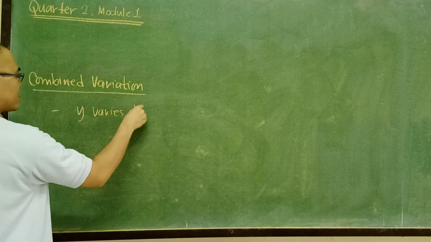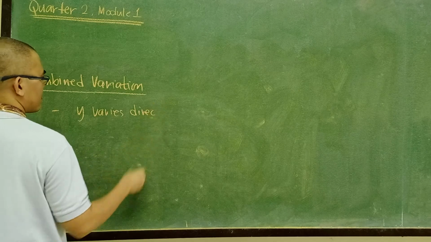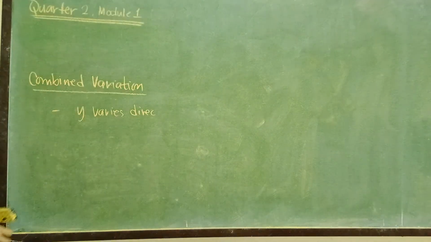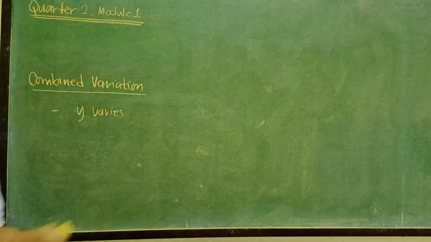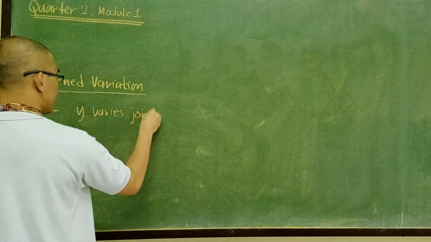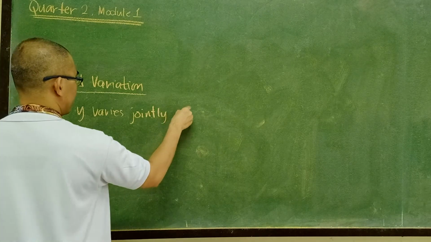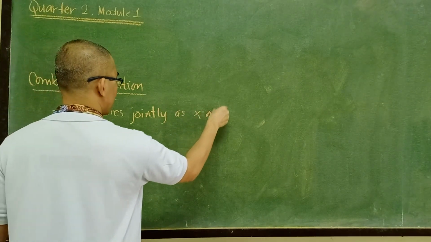So just an addition, combined variation is written this way. So parang y varies jointly as x and z.